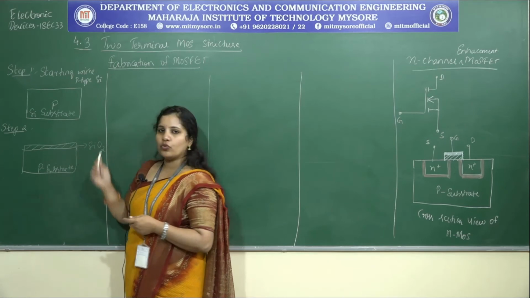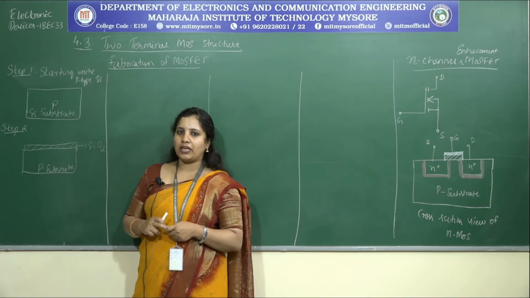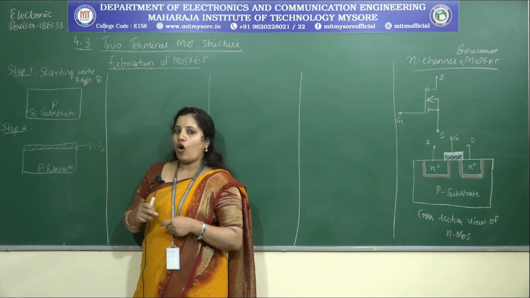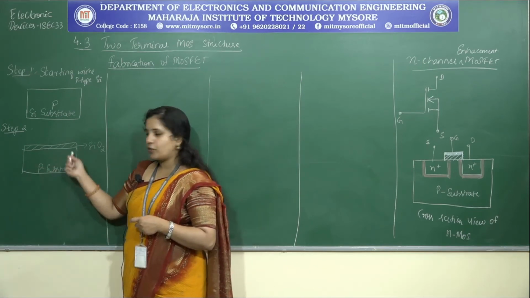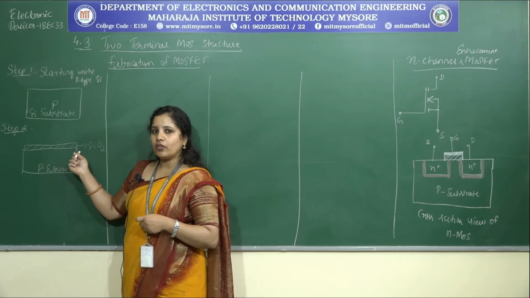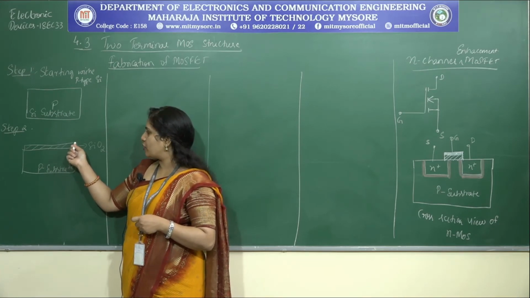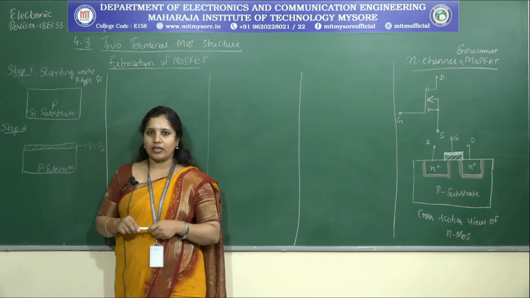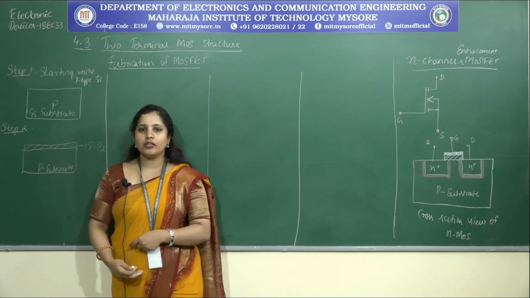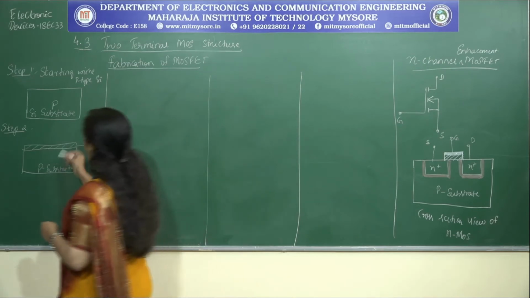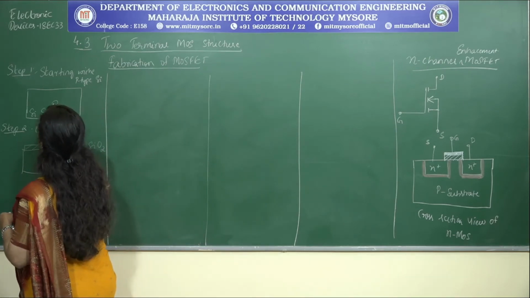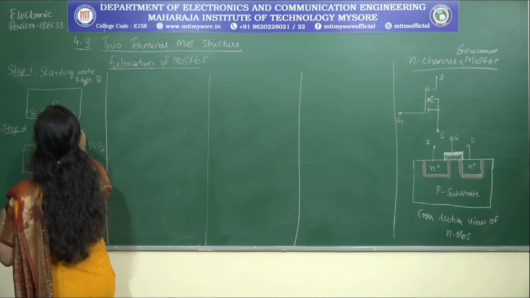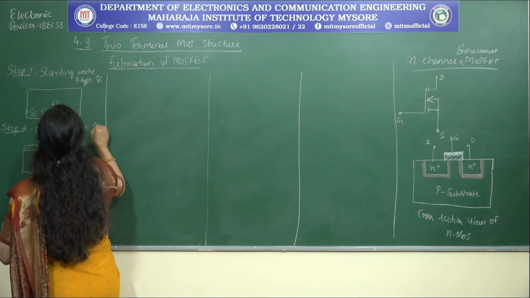For that purpose, I use an insulating material. I form it by making the silicon substrate react with oxygen and form a certain depth of silicon dioxide, which acts as an insulating material, and that is nothing but step number 2. How will I represent step number 2? It is oxidizing the silicon.